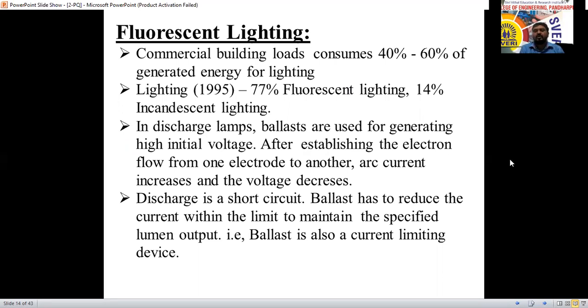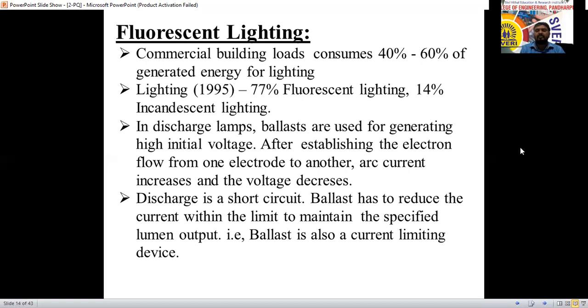Inside the tube, fluorescent gas is filled, so electrons should flow from one electrode to another. For that reason, a very high initial voltage is required. To establish that high voltage, we use the ballast circuit here.